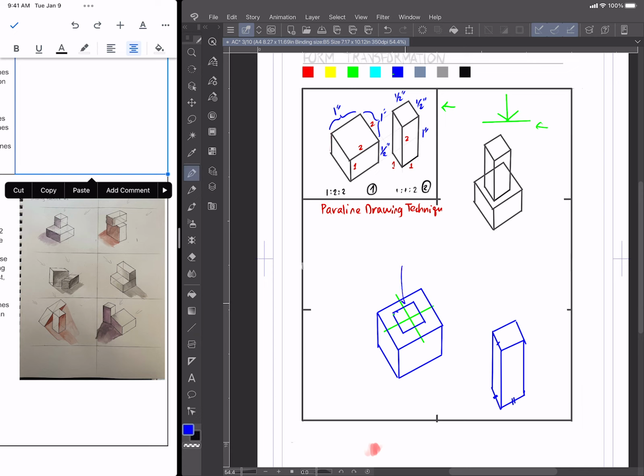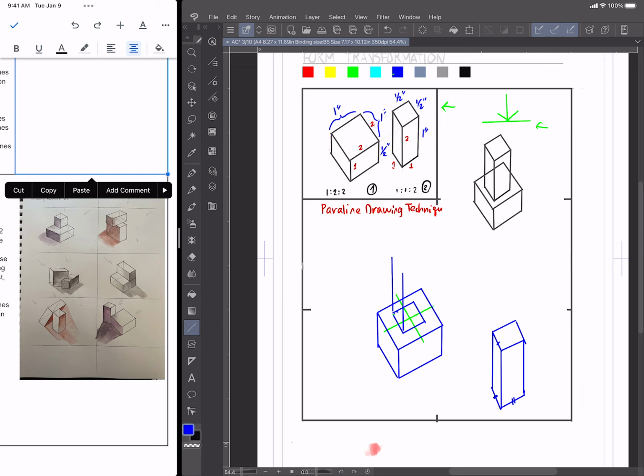We need to measure this dimension as a half-inch, and this dimension is a half-inch. It's a rotated half-inch by half-inch square. And similarly, we'll pull lines up, measure 1 inch.